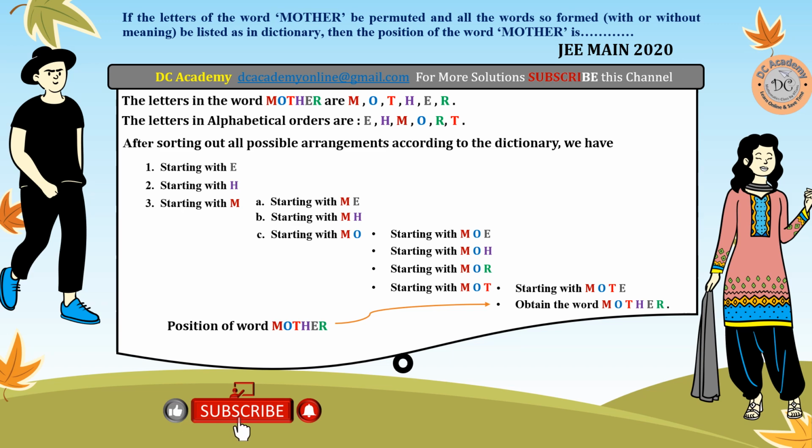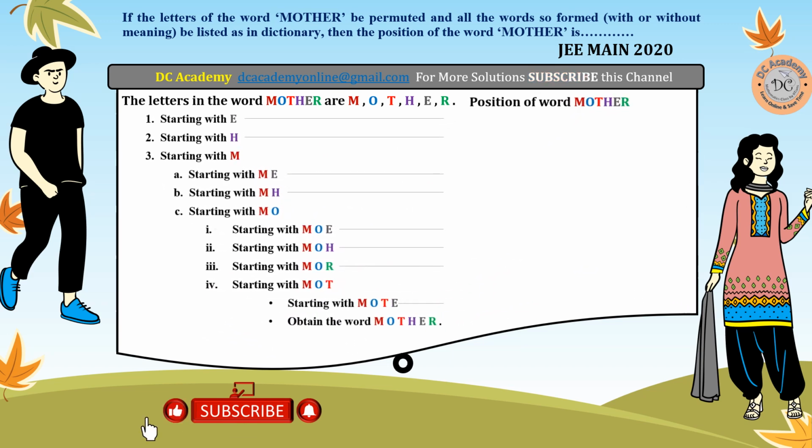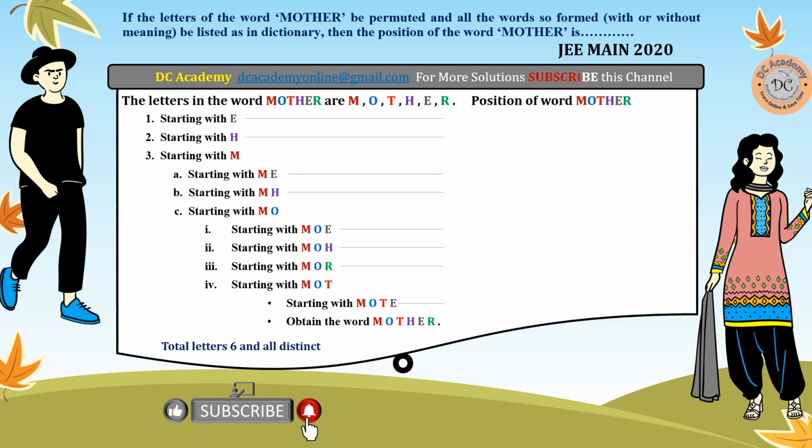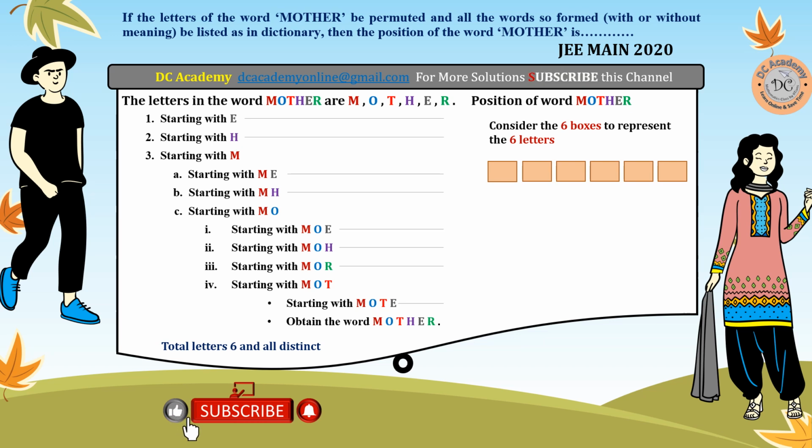First, we have to consider the words starting with E. Here six letters are there and all are distinct. So we consider 5 boxes to represent the remaining letters. When I talk about the first box, second box, and so on, I maintain this direction, just remember that.